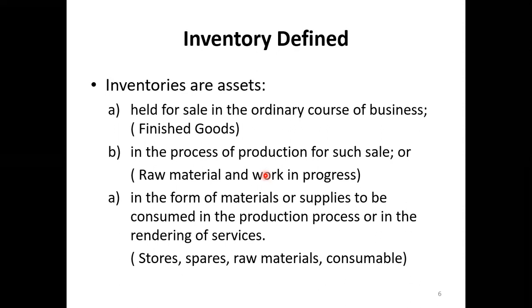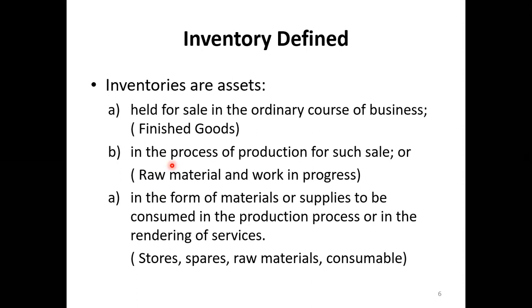Inventories are the assets held for sale in the ordinary course of business: finished goods. They also include, in the process of production of such sales, raw material and work in progress.